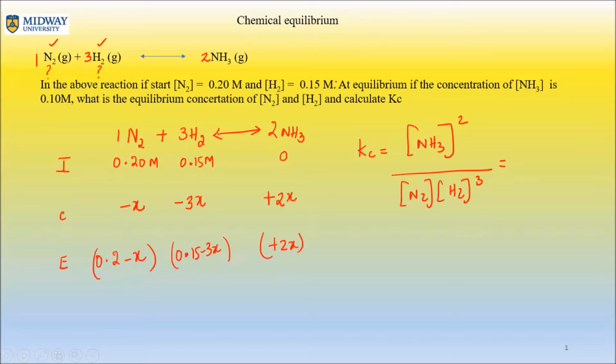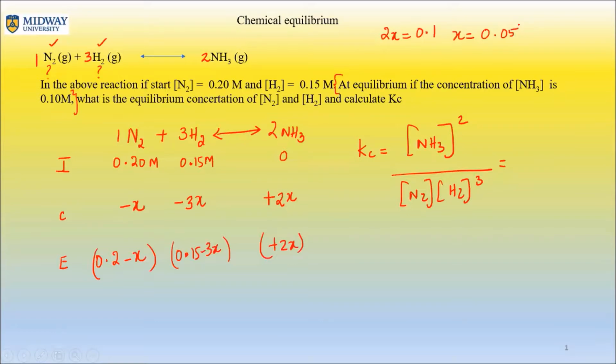Now, this is important. At equilibrium, the concentration of NH3 is 0.1. That is, what we're saying is that this 2X is 0.1. So what is X? It's important that you say that this whole thing is 0.1. So X is 0.05, I believe.